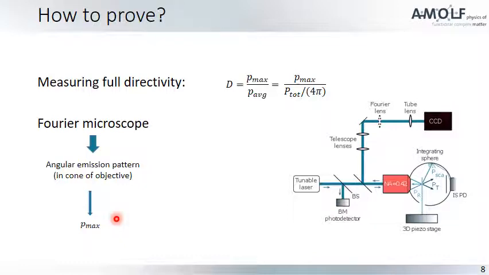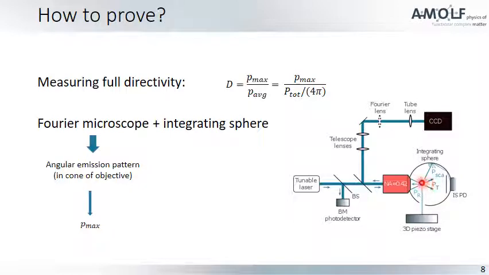In order to have the total amount of emission, we have combined a Fourier microscope with an integrating sphere. And it looks as follows. The sample sits on a piezo stage in the integrating sphere, and a microscope objective focuses an excitation laser on the sample with a spot size of a few micron.